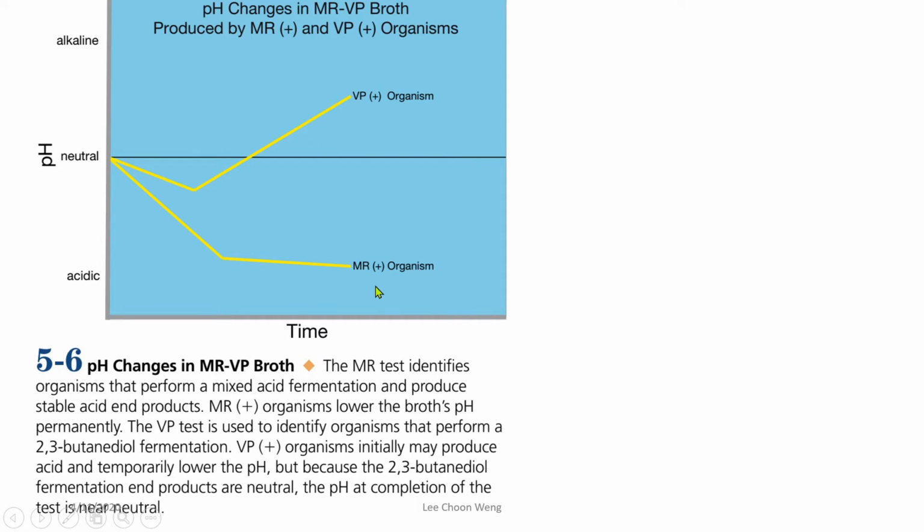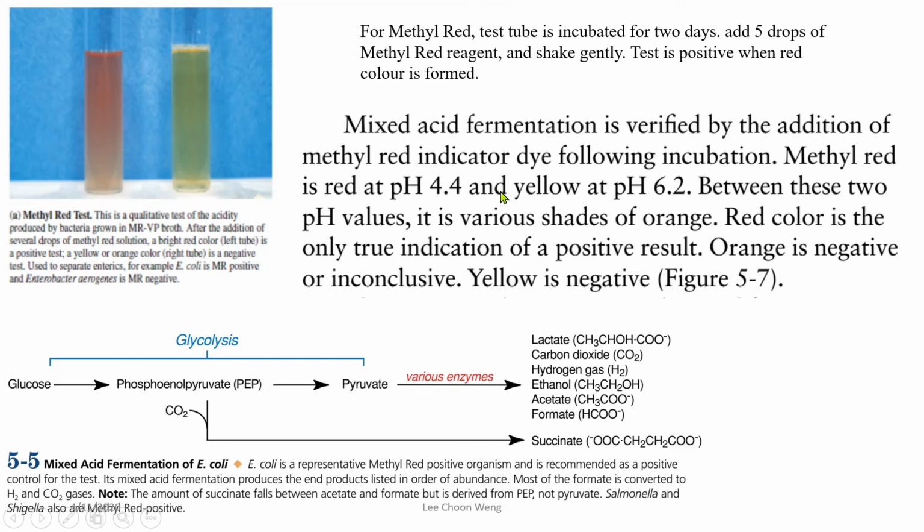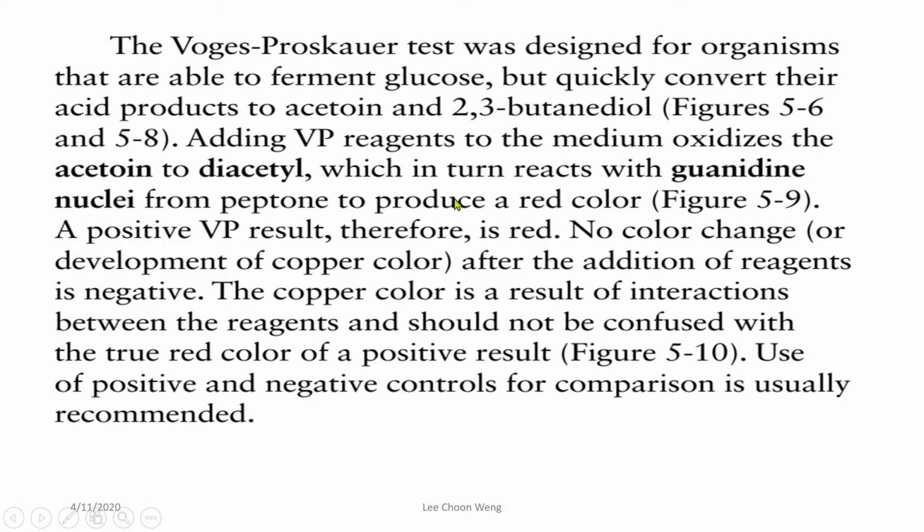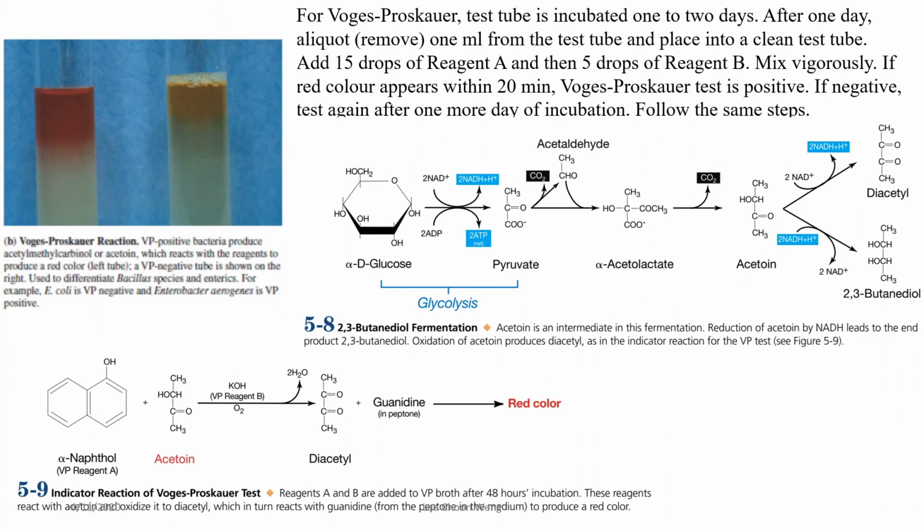Because the change in pH sometimes requires time, for this kind of test we usually test it once after 1 day, where we remove a bit of aliquot from the test tube and place it in a clean test tube and then add the reagents to see whether the acetoin has already been produced.